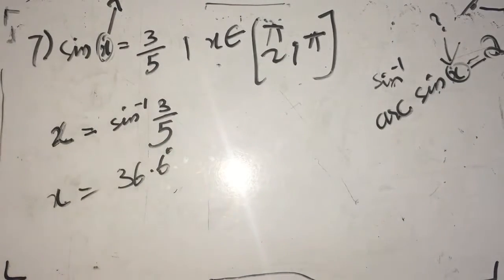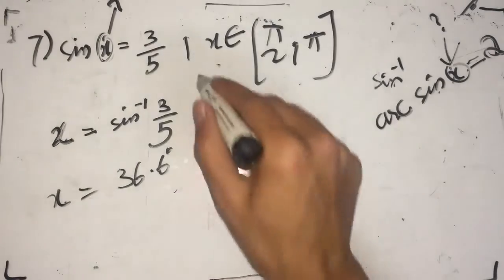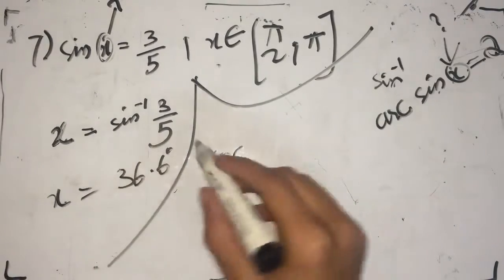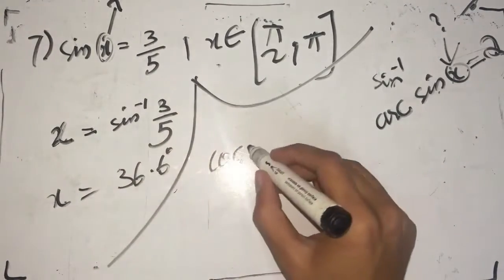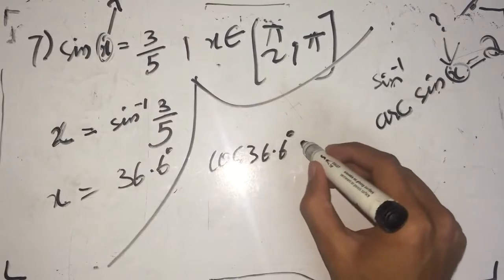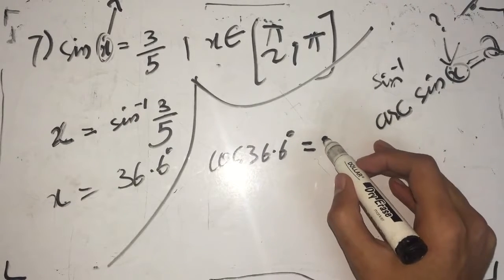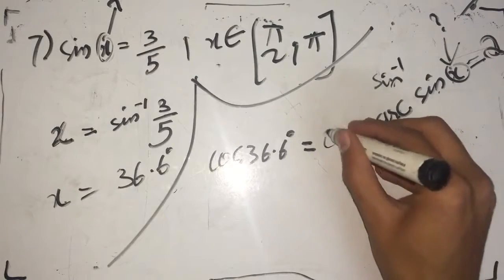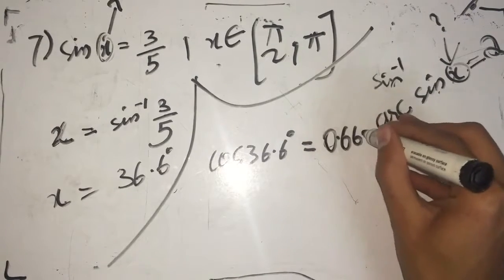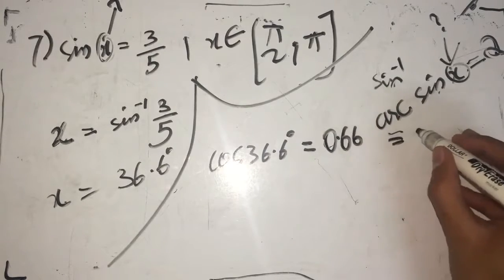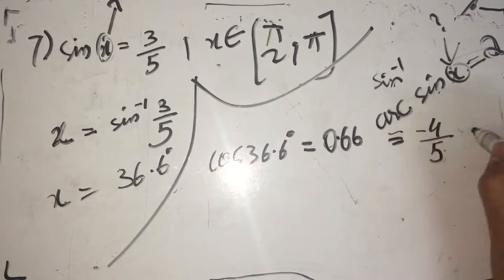Now what they want you to do is find the cos of x and tan of x. So for cos of x, you put the value of x over here. So cos of 36.6 degrees, you're going to calculate that, is going to be equal to 0.66 something, and that is congruent to minus 4 by 5.